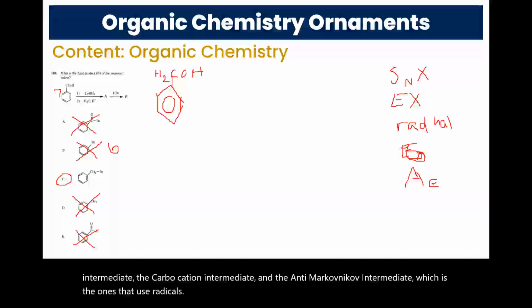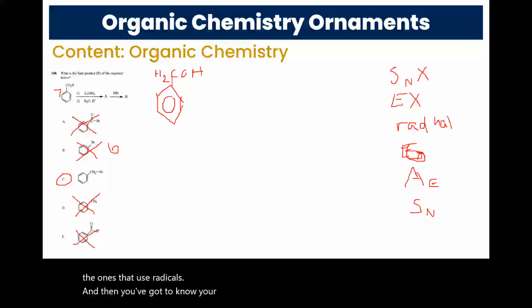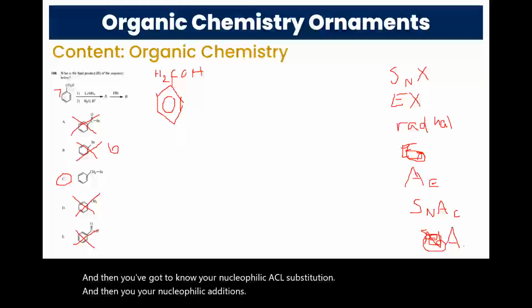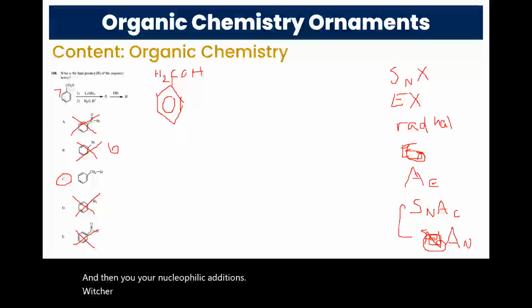And then you've got to know your nucleophilic acyl substitution. And then you've got to know your nucleophilic additions, which are carbonyl reactions. These are all your carbonyl reactions. My writing with this pen tool is just atrocious.